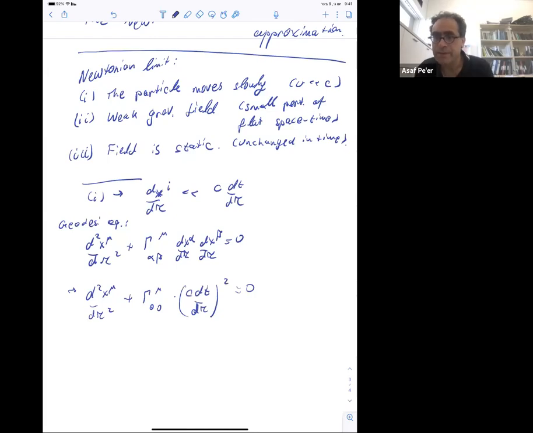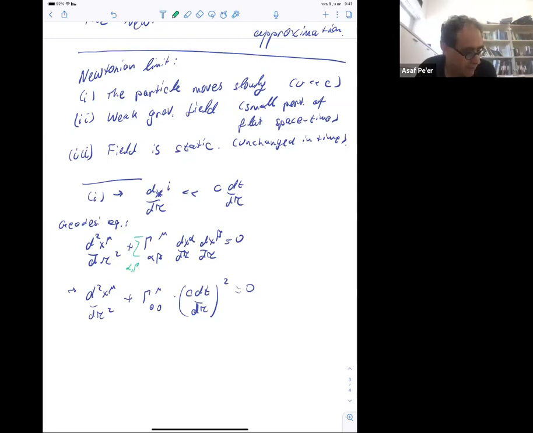Makes sense? There will be other terms, but they're going to be very small. Remember, if you forgot, we have here a summation over α and β, but all the other terms are going to be small.